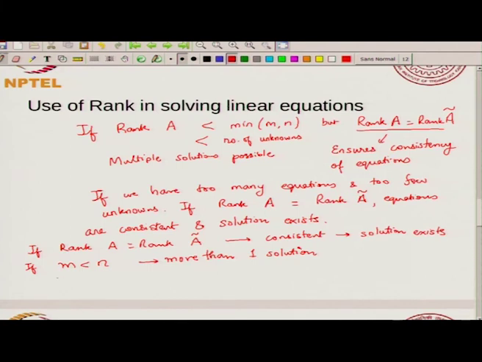If m is greater than or equal to n, then a unique solution. So this is the basic use of rank in solving linear equations.